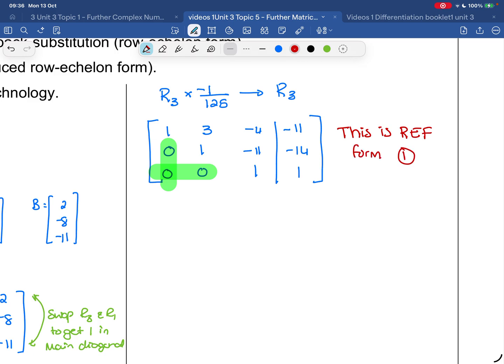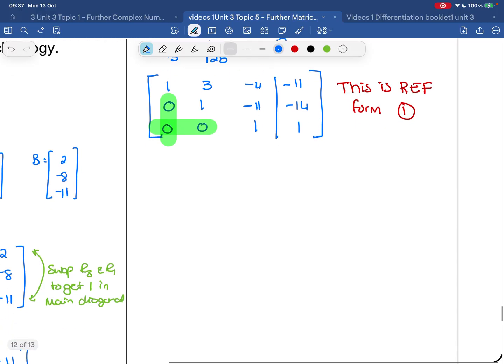Okay, now they've asked us to use back substitution for this, so I'm going to show you what we do with row echelon form, and then I'm going to pick up at this point here and go on to reduced row echelon form and show you how that works. Okay, so let's use our back substitution.